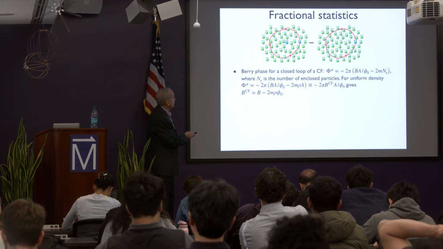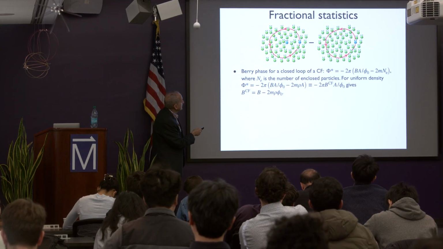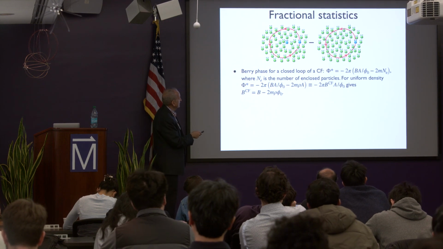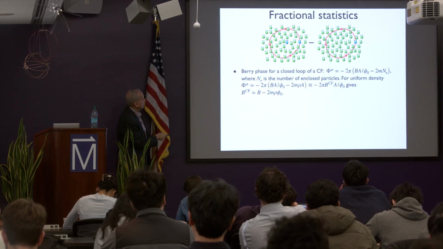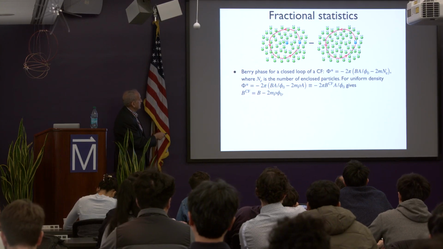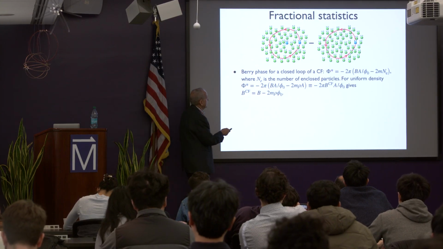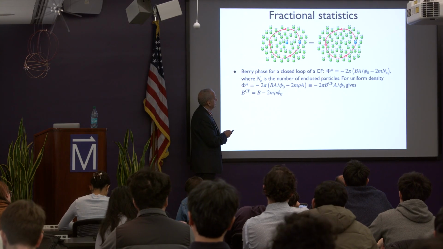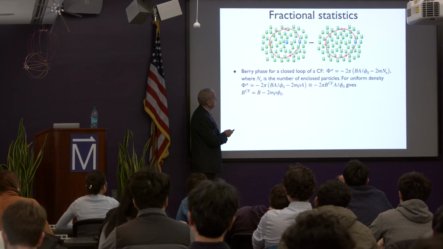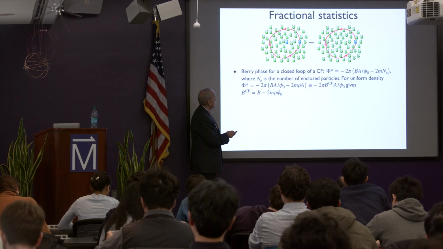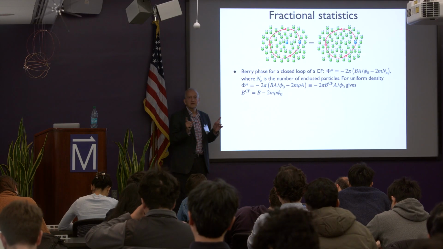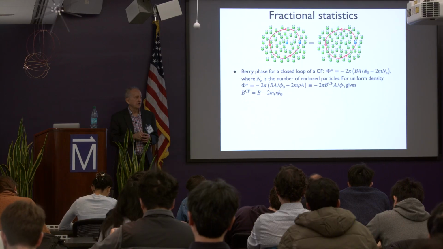So if you know how many particles are enclosed here, which I call n sub e, then this is the answer. If the density were uniform, I would just replace the number of enclosed particles by density times A. And in fact, this gives me the formula for the effective magnetic field, B_CF.